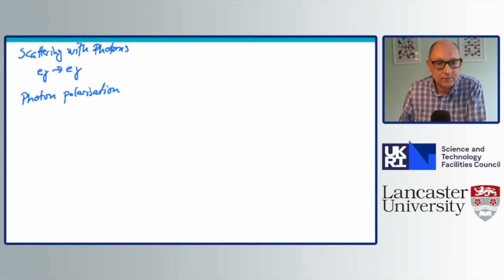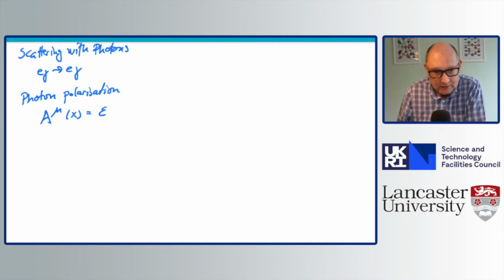In particular, let's see what plane wave solutions we can find for the free photon. So we'll postulate, seek solutions of the form A_mu(x) is equal to a polarization vector epsilon_mu times e to the minus ikx.